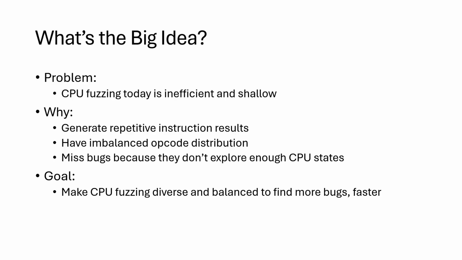Fuzzers generate a lot of repetitive test cases by nature of fuzzing, and they don't explore the state space very thoroughly. Now, this matters significantly to fuzzing specifically because if you keep testing the same thing over and over again, you are wasting time and not finding bugs, which is the end goal of fuzzing and CPU verification.